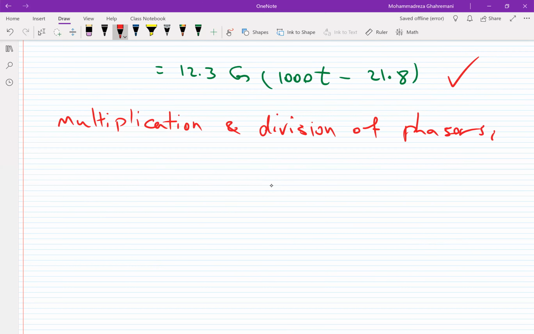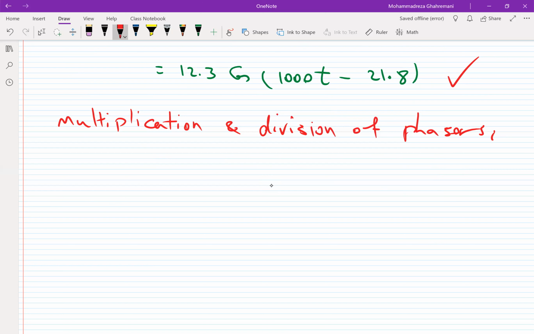If you remember, 10 minutes ago, I said that for addition, we write the phasors, convert them to rectangular form, then add or subtract, then convert back to polar mode.